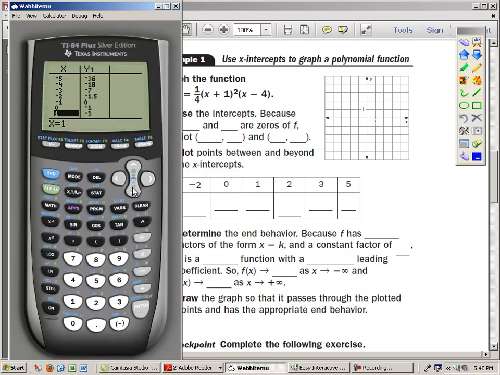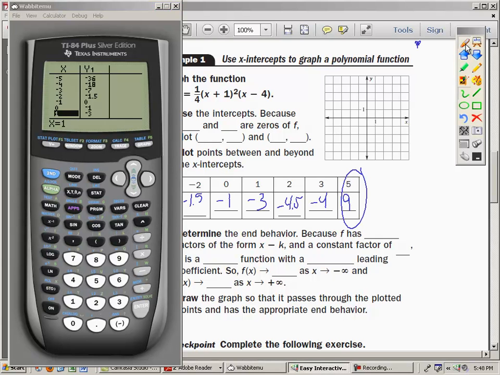So going back over to my chart here, I'm going to start plotting some of these points. So -2, -1.5 is right in this region here. I know I've got a double zero there at -1. I also know that when x is 0, y is -1, and when x is 1, y is -3, and 2 goes to -4.5, roughly in there somewhere.